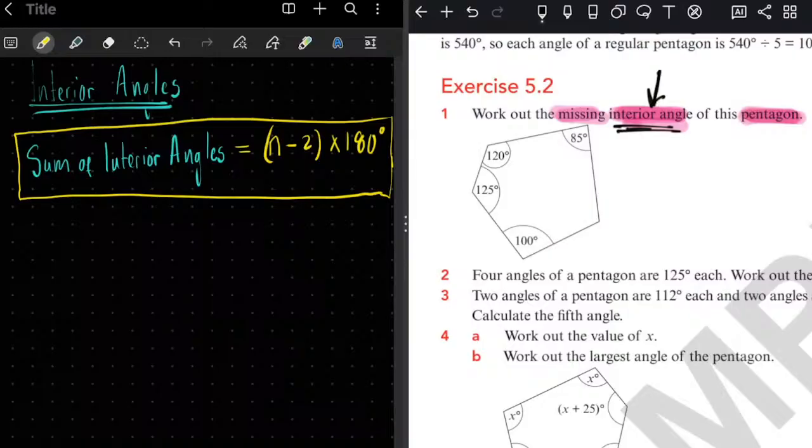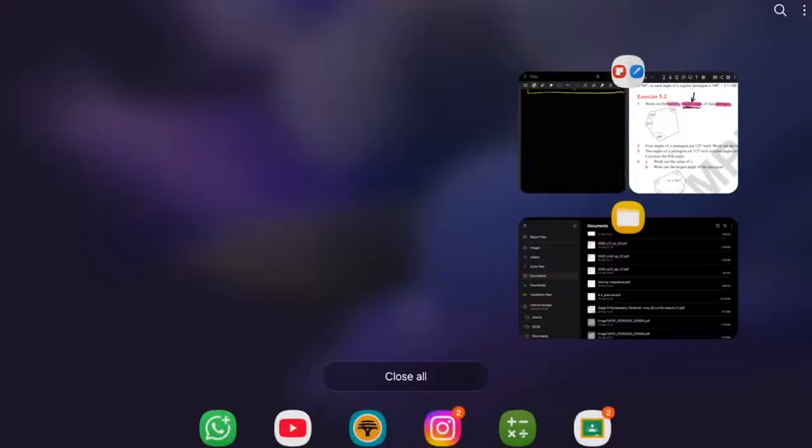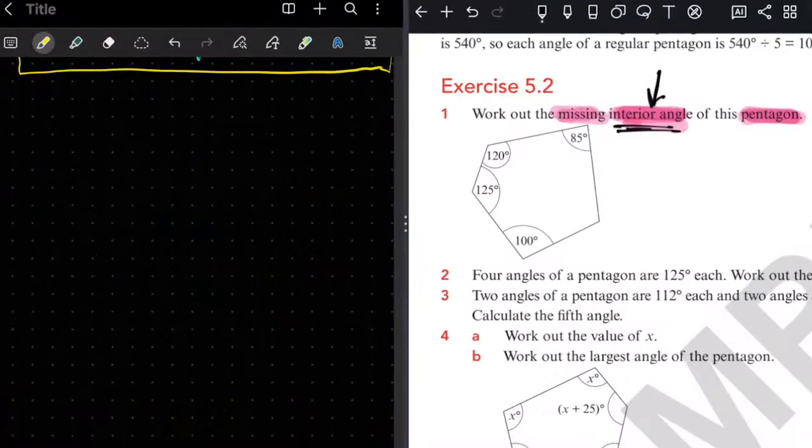So now they've given us this big shape. They said find the interior angle. Interior angle means inside angle. So this one, they want this one. We'll call it X. Now, if we see the word interior, listen, you are not going to break the rules.